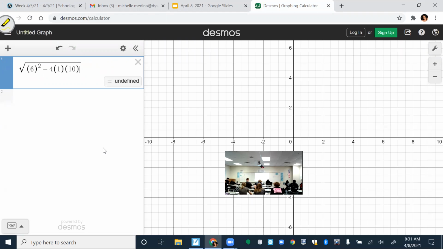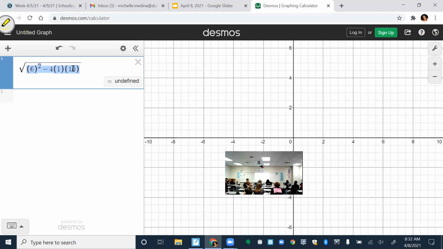All right, but look at what we have. If you plugged it in correctly into the calculator, it should look like this. Notice it equals undefined.